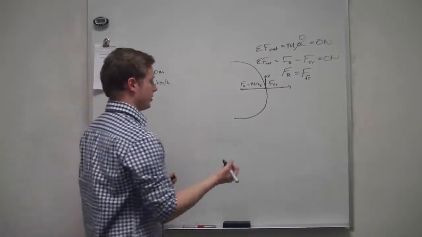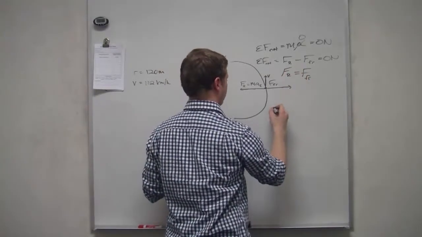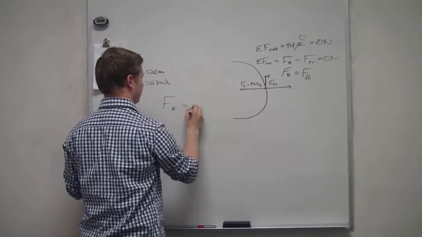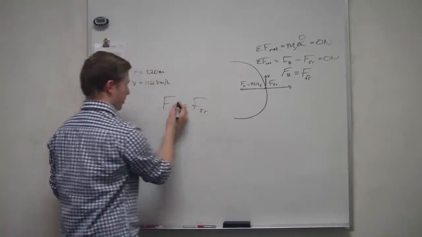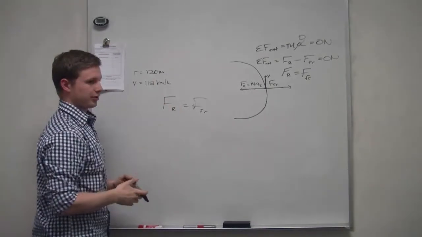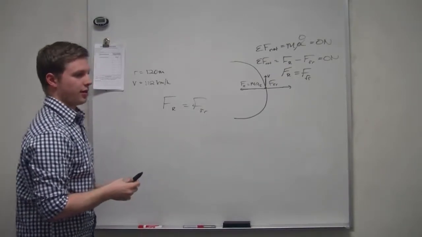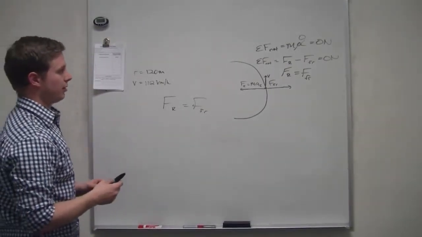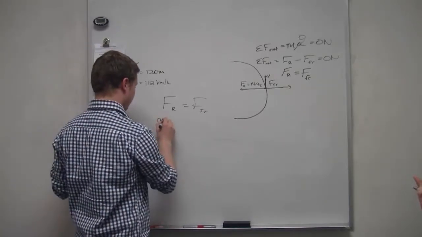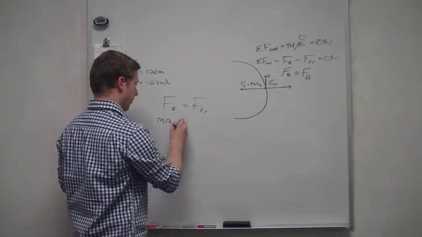Okay, so what is this force going to be equal to? If we expand it to a formula, what's the formula for it? Mass times acceleration, and that's going to be a radial acceleration, right?